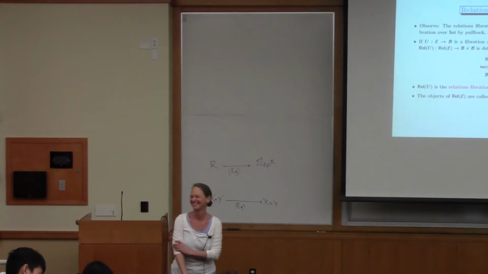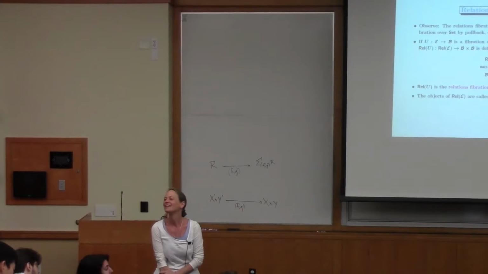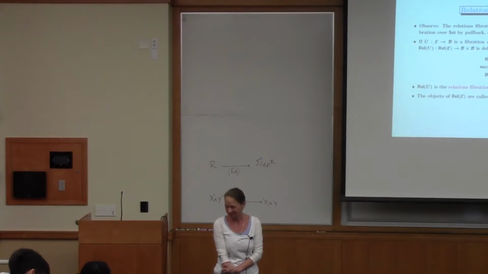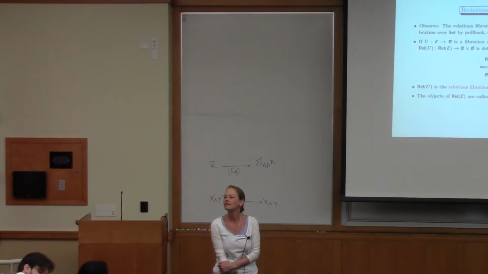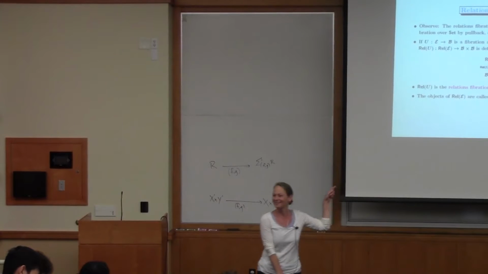Is there a way to, in the language of categories and functors, a standard way of doing that? Or could we know exactly how Rel is defined? Well, it's defined this way.